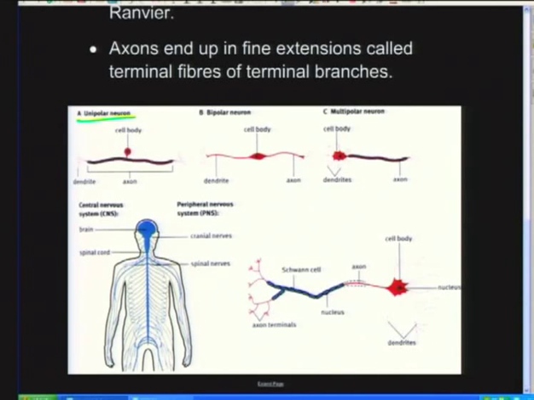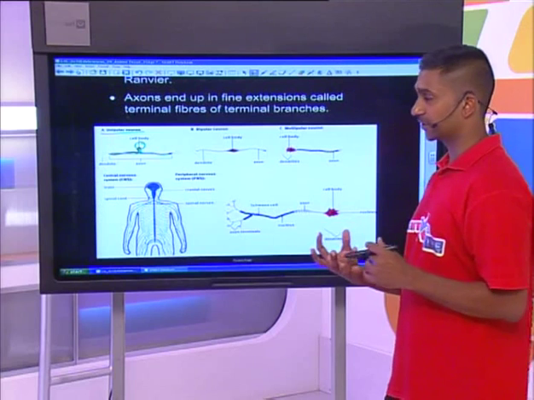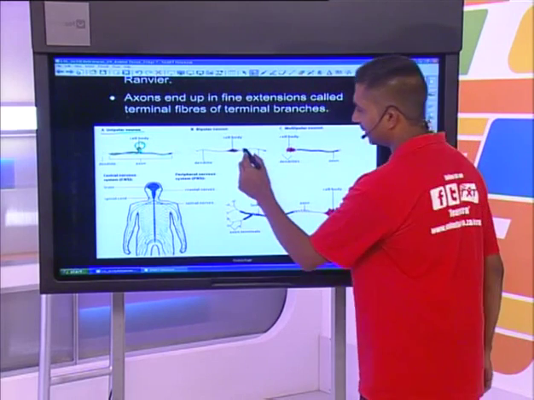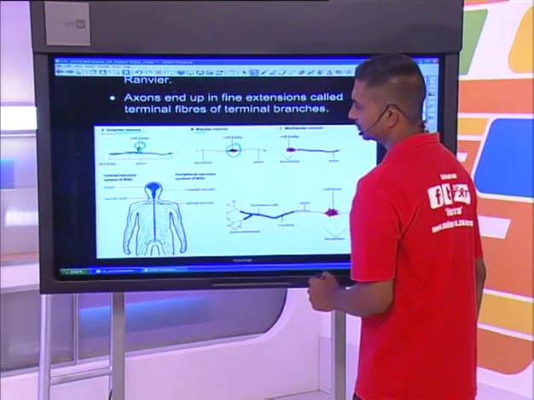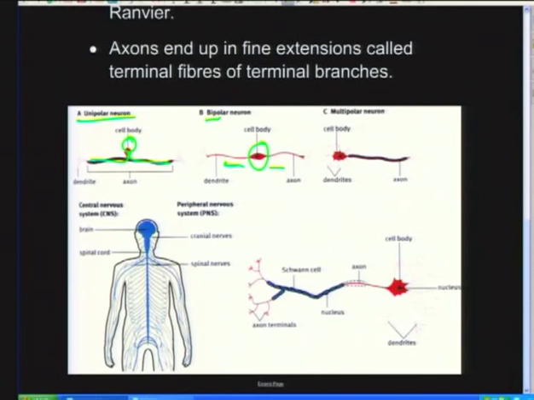Unipolar because we have a central cell body, and from that a single outgrowth. So here we see a single outgrowth from the cell body. Here we're seeing a bipolar neuron, and bipolar means bi, meaning two outgrowths from the central cell body. One outgrowth which carries the impulse towards the cell body, and the other that takes it away.